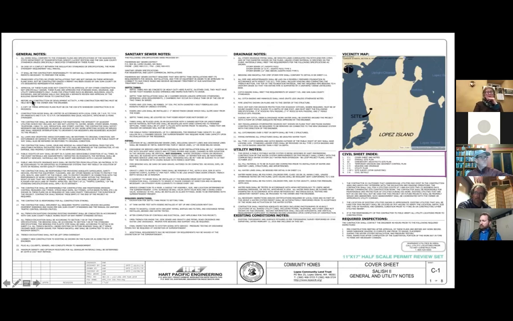But in this instance, oftentimes these notes, I think we mentioned this before, in a lot of sets of plans that you'll get, whoever's putting the plans together will pick up a set of general notes because they work in San Juan County or they work in the state of Washington, and they just insert them into yours.